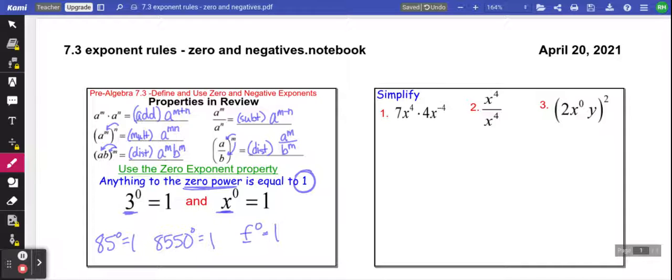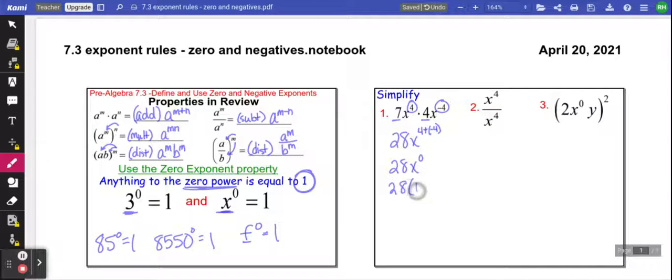So on here, same property as earlier. So 7 times 4 gives me 28. And then I would add exponents, right? So I would have x to the 4 plus negative 4. Well, 4 plus negative 4 is 0. So I would have 28 x to the 0. And this guy equals 1.